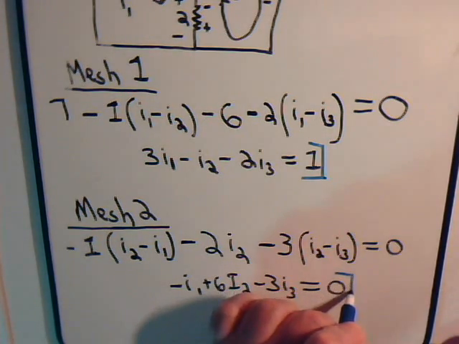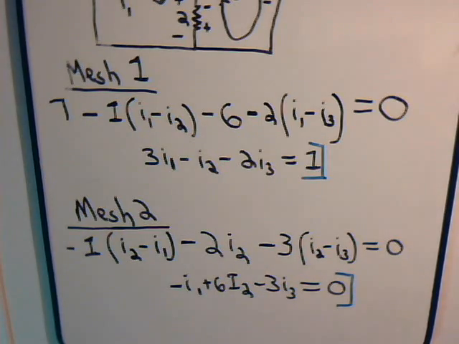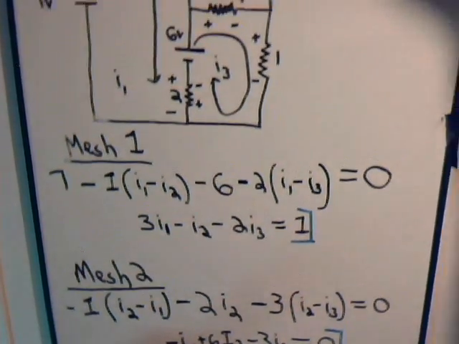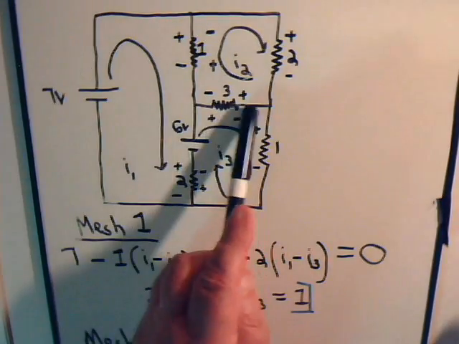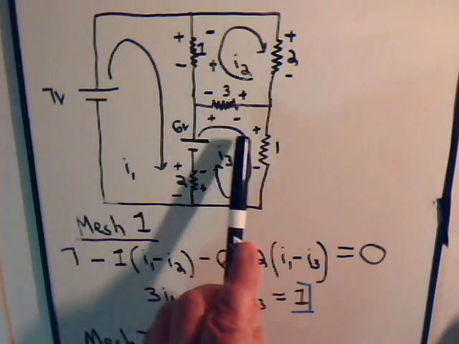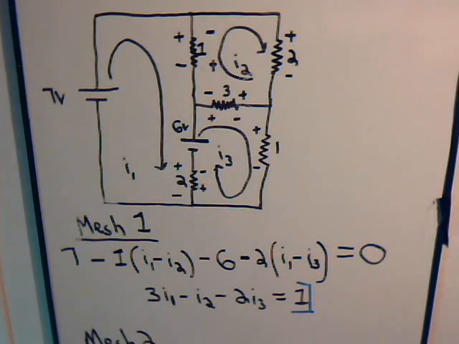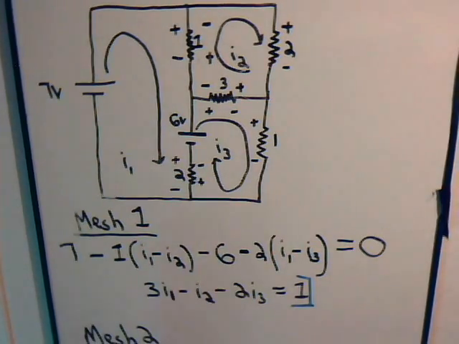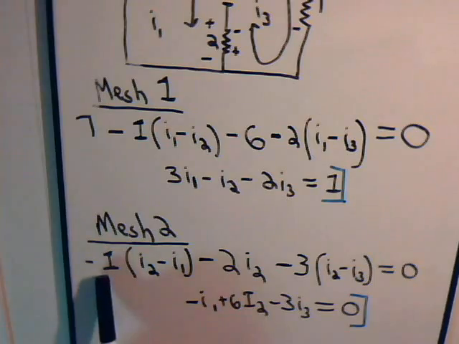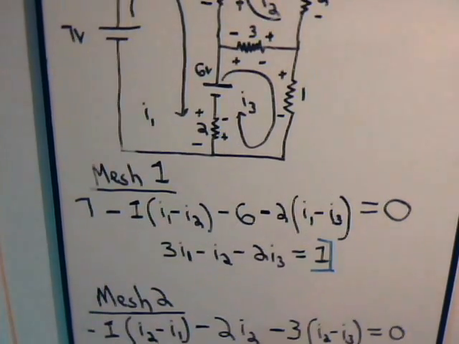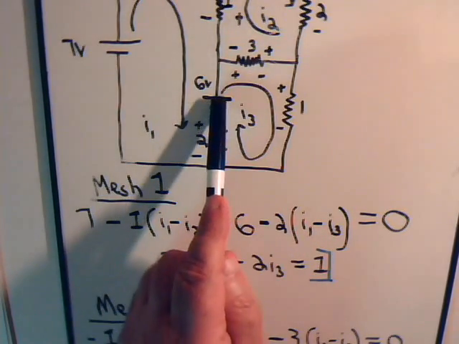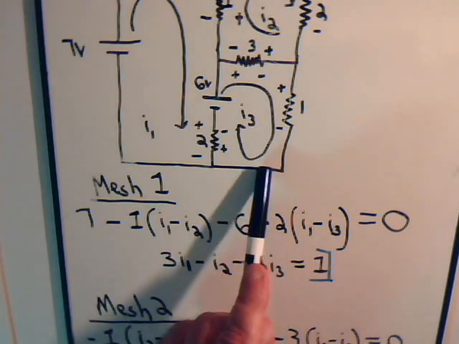And again, in each one of these windows, with each one of these meshes that we're working with, we're considering all the voltage drops. And in each one of these windows, when you go all the way around, the voltages add up to 0, which is what we're showing here. And likewise, right here, we have to consider the mesh current going through this window.